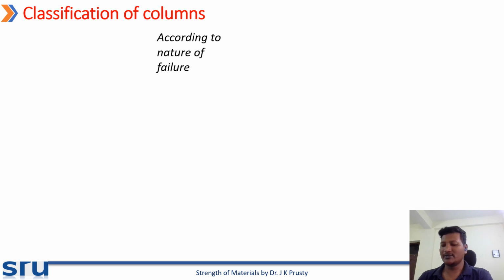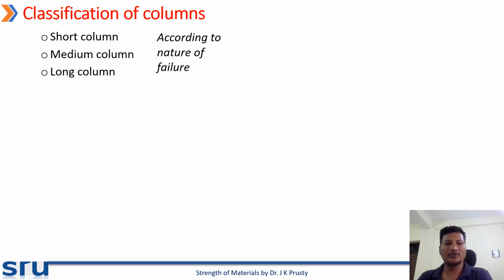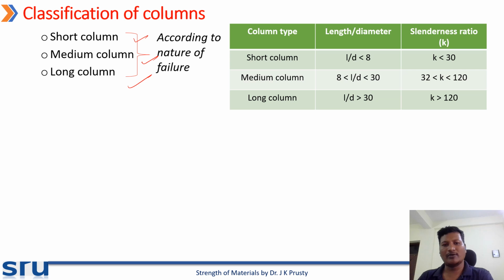So what is the classification of columns? According to the nature of failure, we have three classifications. The columns are of three types: short column, medium column, and long column. When the length to diameter ratio is less than 8, we can call it a short column.